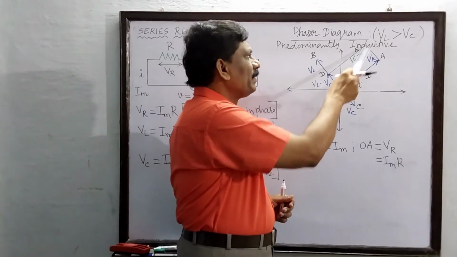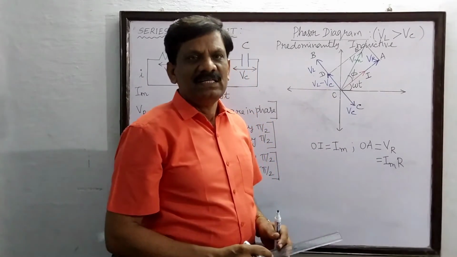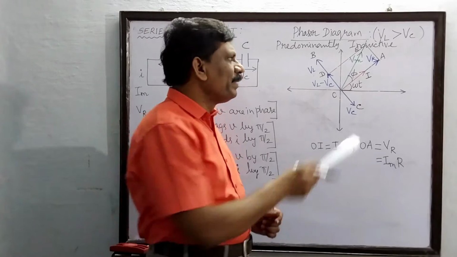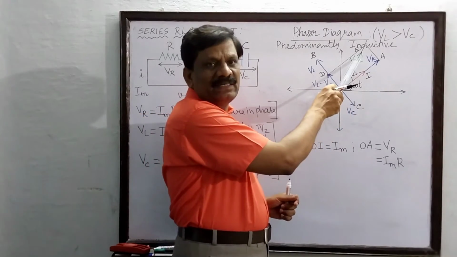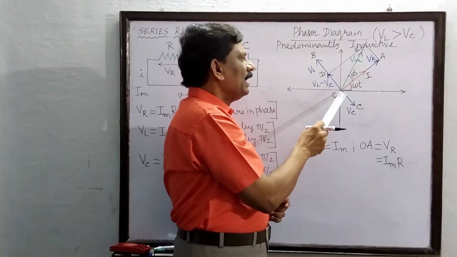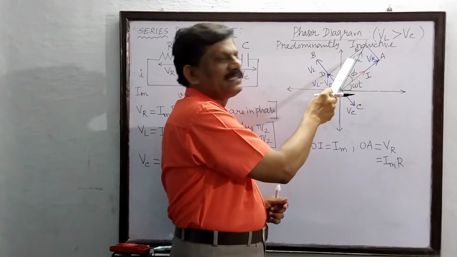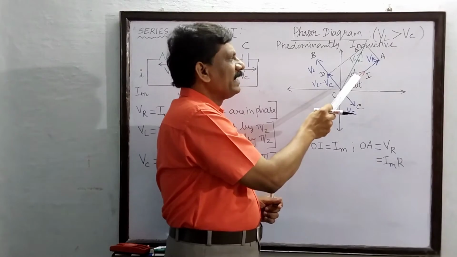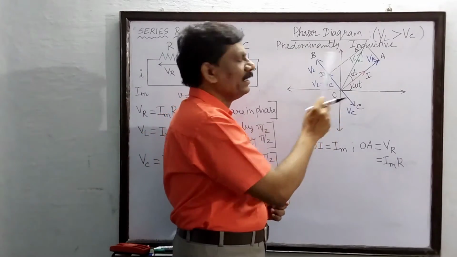And it is represented by the OE vector. Can you see that still there is a phase difference between the current and voltage? The current is along the direction OA and the resultant voltage is along the direction OE, so there is a phase angle phi. This is the phase angle.